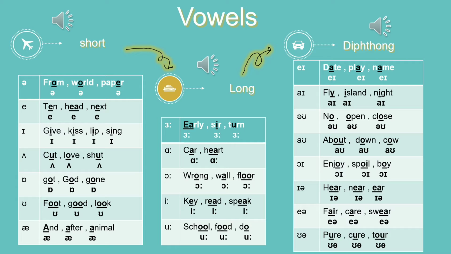Number 3, ɔː. Example: wrong, wall, floor. Number 4, iː. Example: key, read, speak.